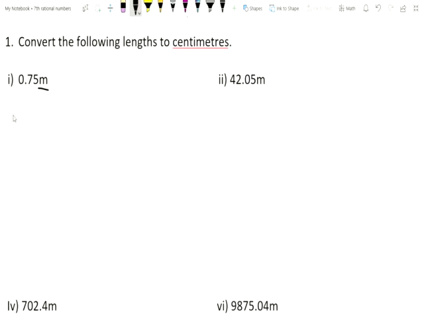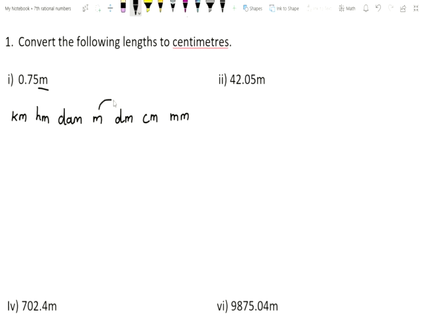First you write that order: kilometer, hectometer, decameter, meter, decimeter, centimeter, millimeter. Meter is given; we are going to convert into centimeter.